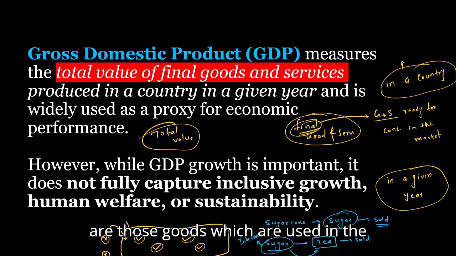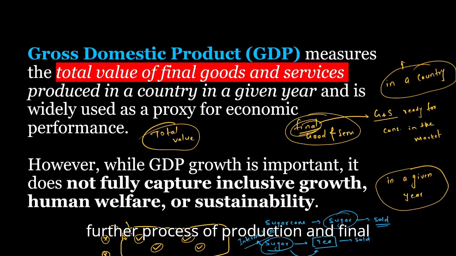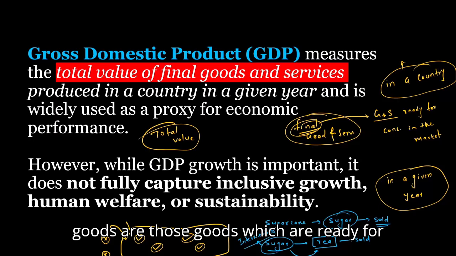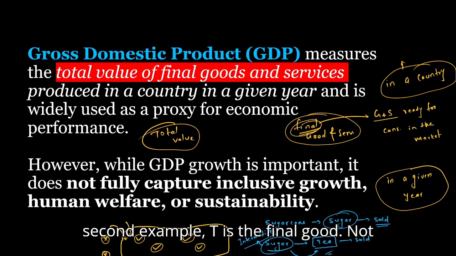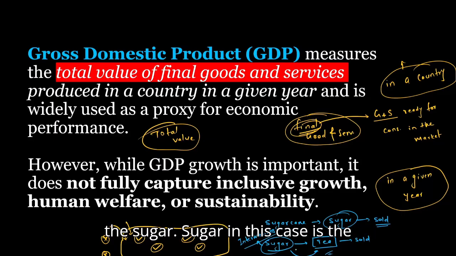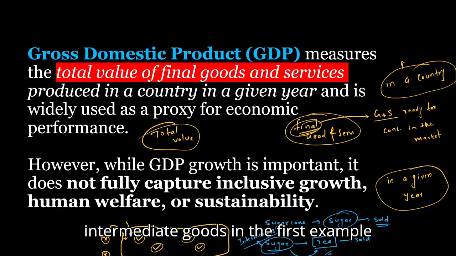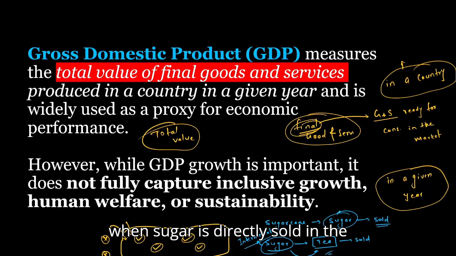Intermediate goods are those goods which are used in the further process of production, and final goods are those goods which are ready for consumption in the market. So in the second example, tea is the final good, not the sugar. Sugar in this case is the intermediate good. In the first example, when sugar is directly sold in the market, then sugar becomes a final good.